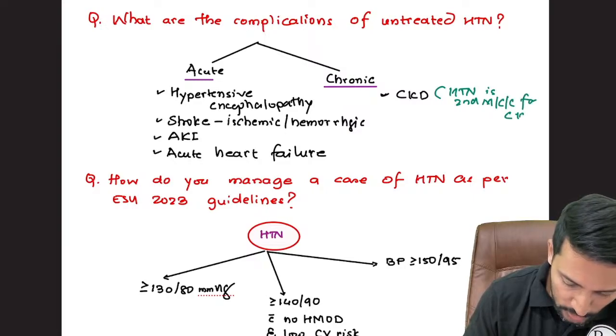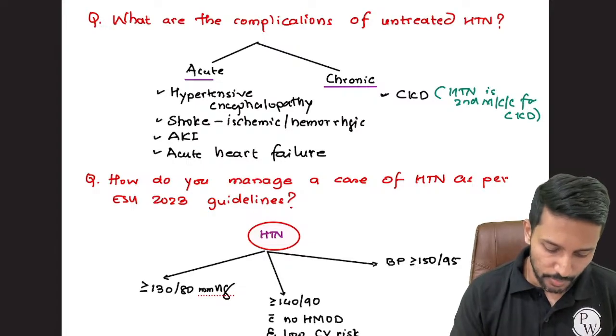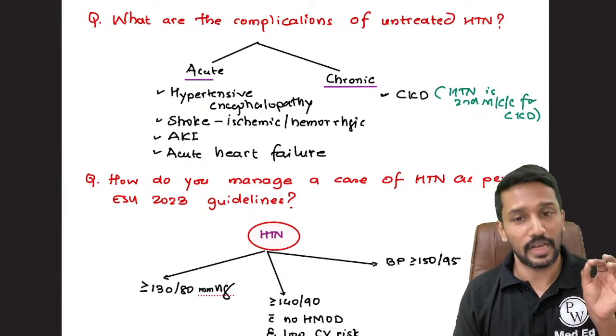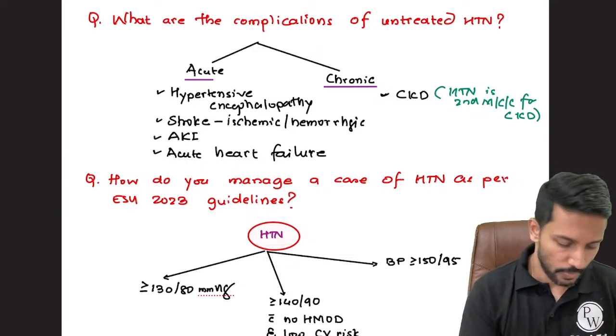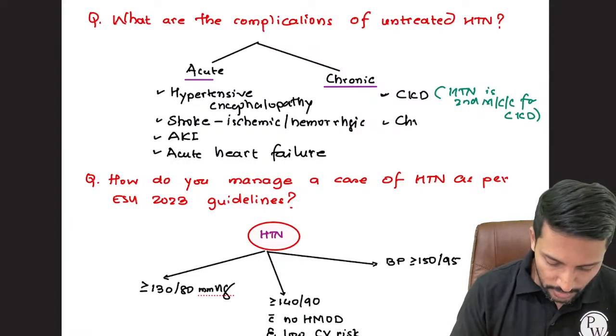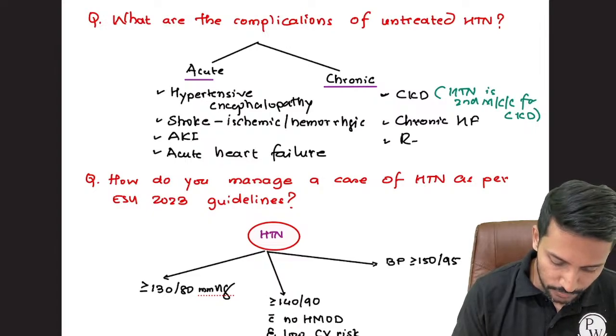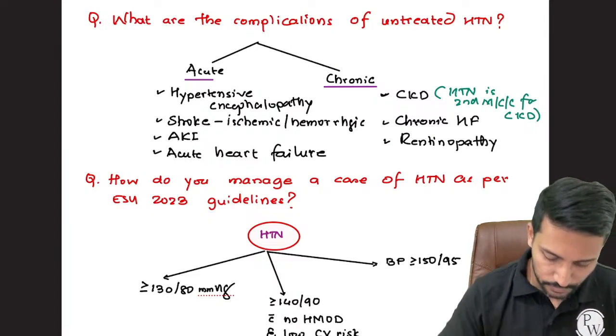What is the most common cause for CKD? Obviously, diabetic nephropathy, right? So when hypertension starts affecting kidney, we can call it as hypertensive nephropathy. Then apart from that, hypertension increases the risk of chronic heart failure. Hypertension increases the risk of retinal involvement. We call it as hypertensive retinopathy.